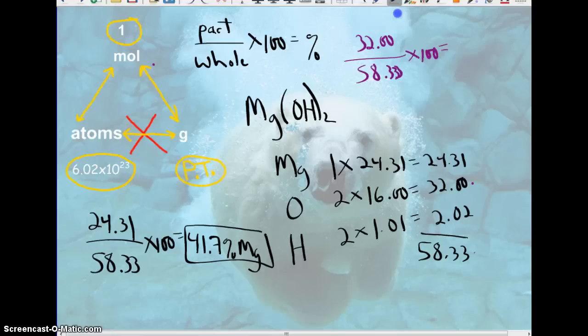And round to 1 decimal spot, I would get 54.9%. And then don't forget to label what it is. This one's for oxygen. And then the last one, you would just take the part that came from hydrogen and divide it by 58.33, and you'll be done.